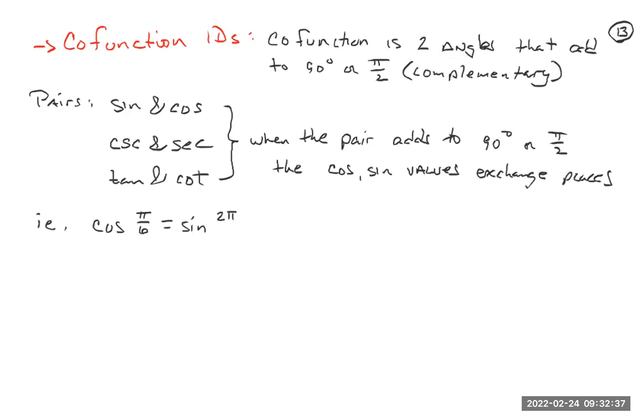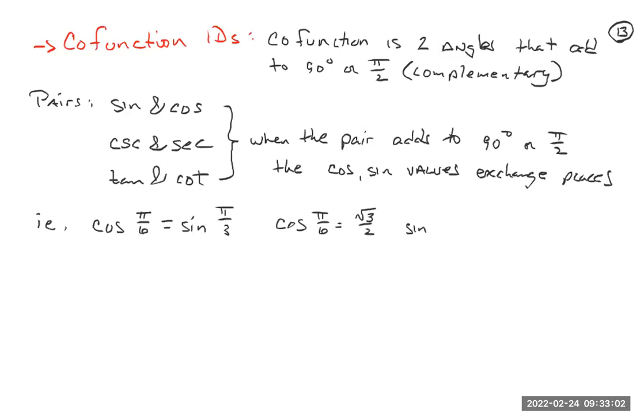I was going to say 2 pi over 6, but nobody calls it that. So cosine of pi over 6 is square root of 3 over 2.